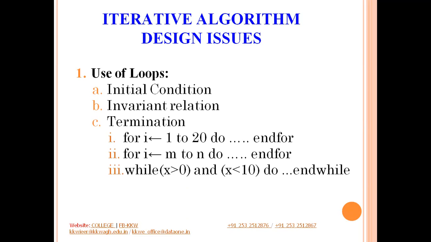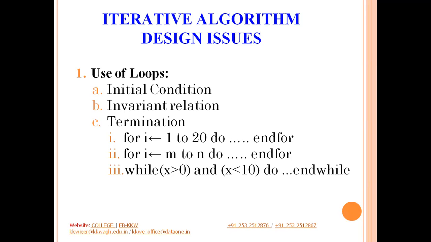In the first condition, it is saying that you should continue iterating the loop while x is greater than 0. The second, x is less than 10. So it all depends on what the value of x is, and what kind of statements you are writing inside the loop. So we cannot be sure about when exactly the loop is going to terminate.